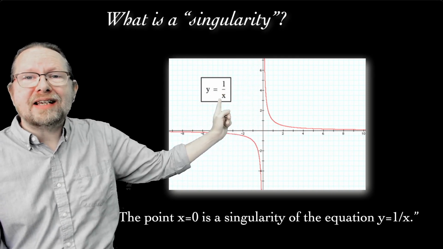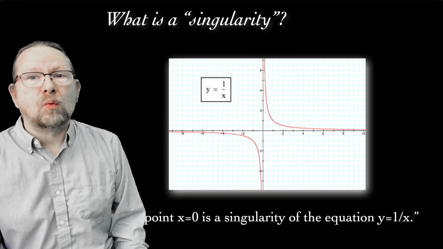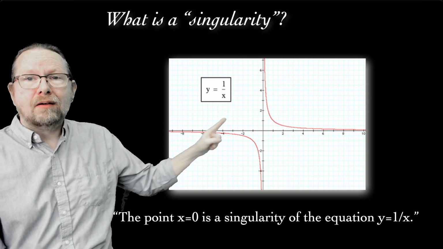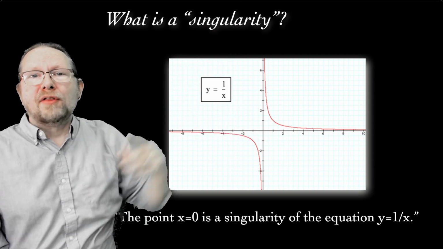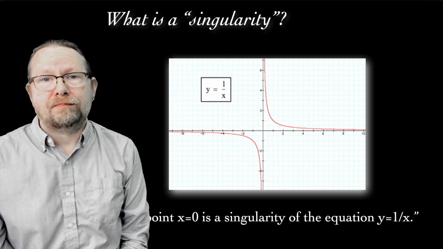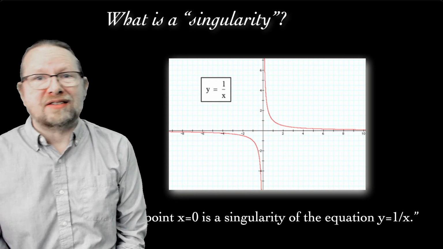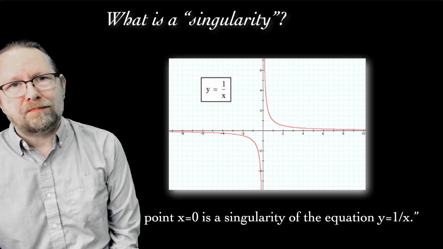What if x is 0.000001, one millionth? 1 over that, y is a million. The smaller x gets, the bigger y gets in this function. If x is a billionth, y is a billion. If x is a trillionth, y is a trillion.